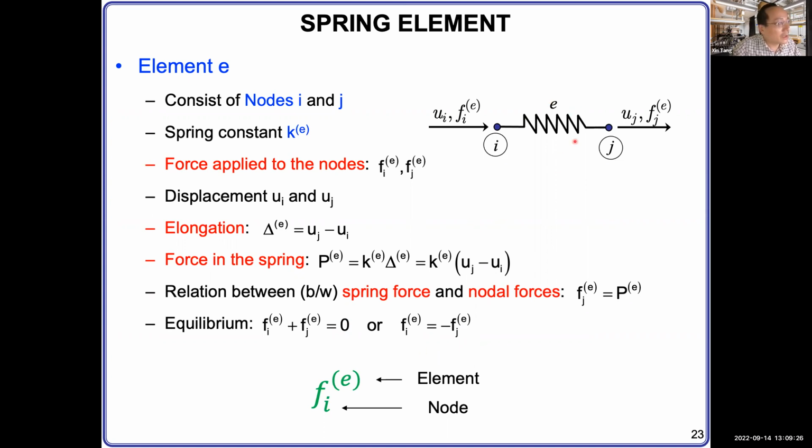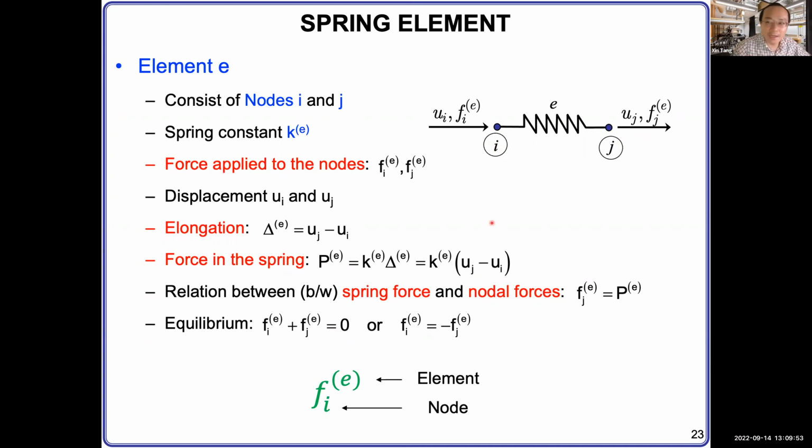And because this spring will generate its own force to balance the external force, the force the spring generates equals the spring constant times the deformation of the spring. That is Ke times Uj minus Ui. Here Uj minus Ui gives the deformation of the spring.